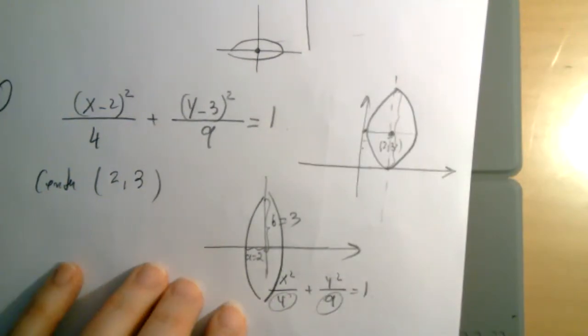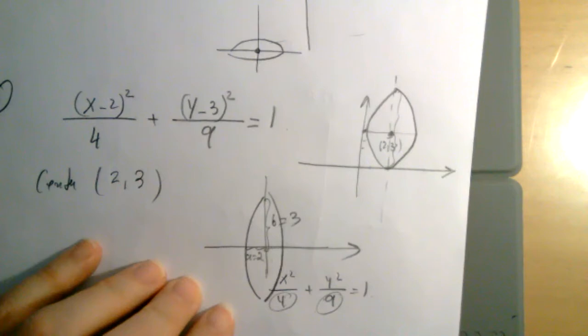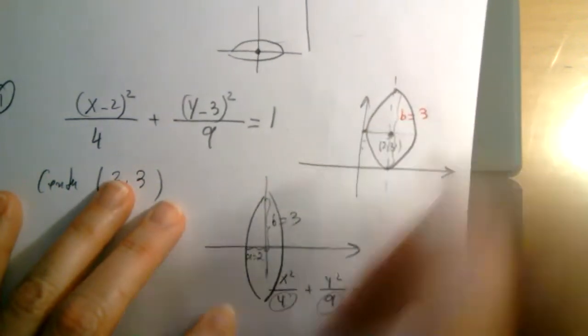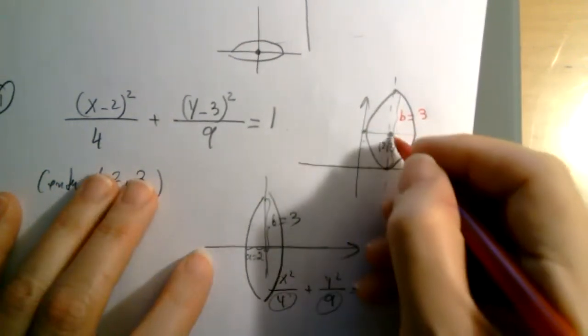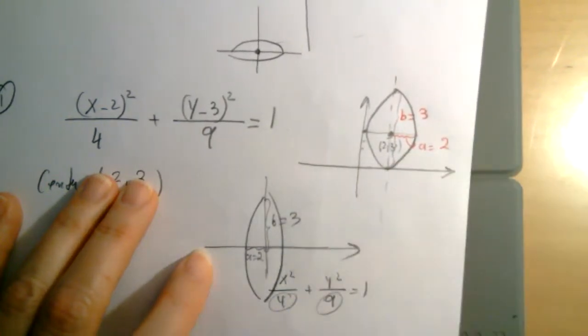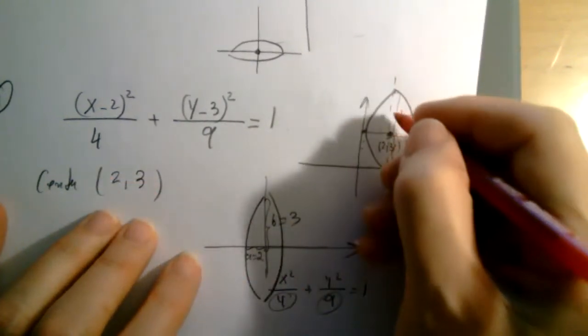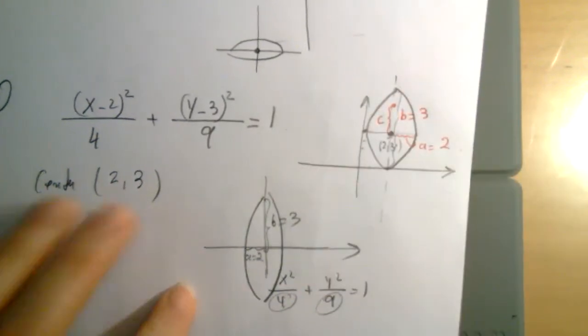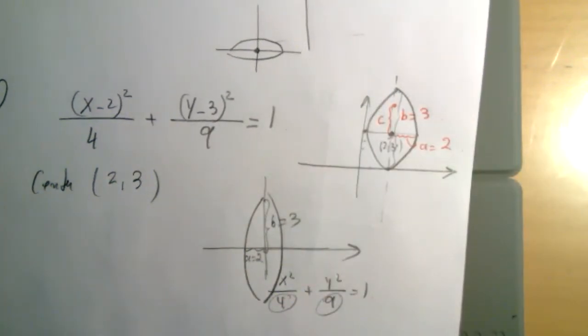That's really the ellipse we care about. That's the b here, which is equal to 3. And the a is from here to here, which is equal to 2. My foci are right there. This is the c.